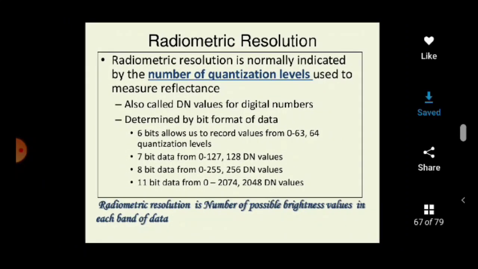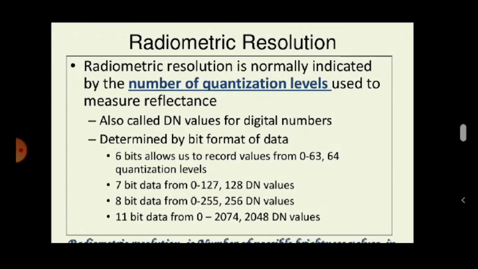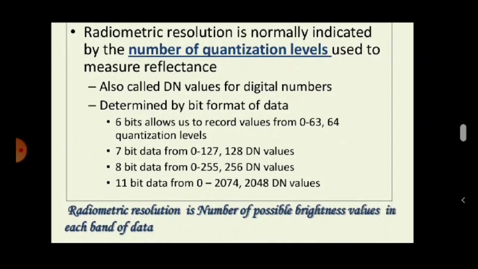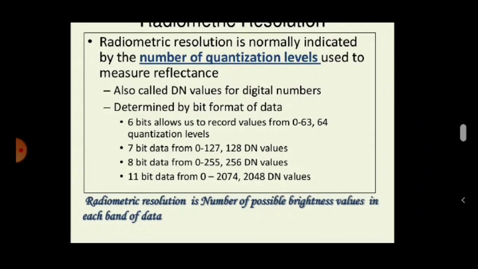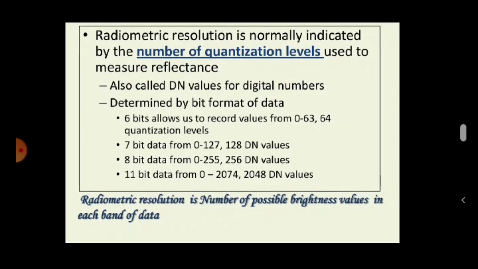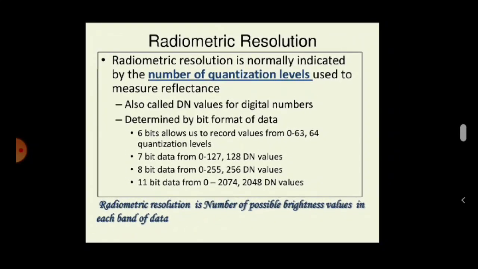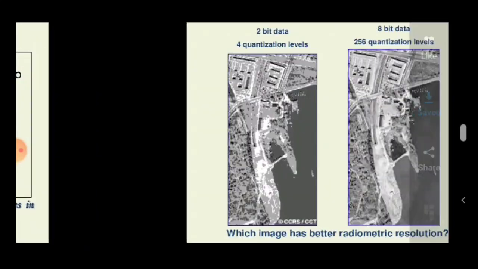the radiometric resolution can be defined according to brightness value. It can be defined as the possible brightness value of each band of data. So DN values are represented according to the bit rate of a remote sensing image.